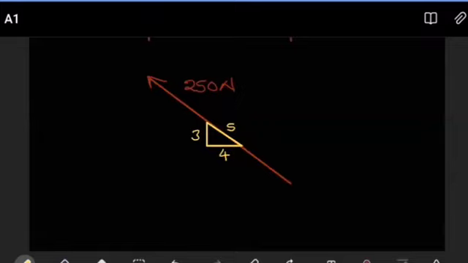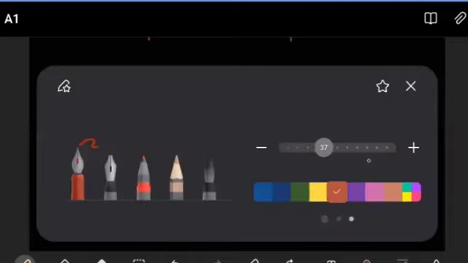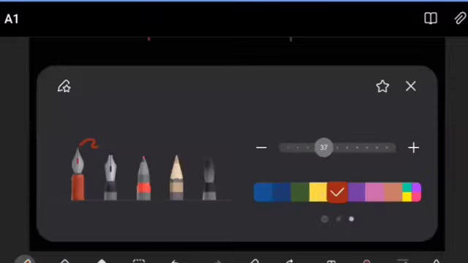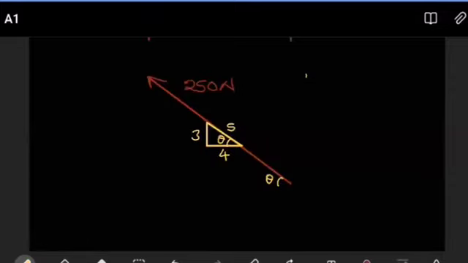So what are we going to do? We can pick this angle here to be theta, meaning that the angle there is going to be theta. Based on that, we can now determine what cos theta is. Cos is adjacent over hypotenuse, so it will be adjacent 4 over hypotenuse 5.